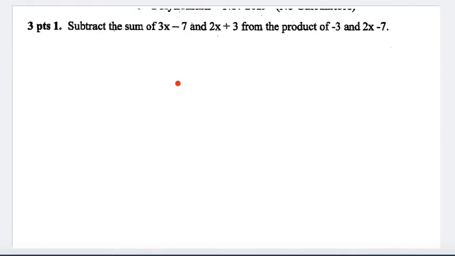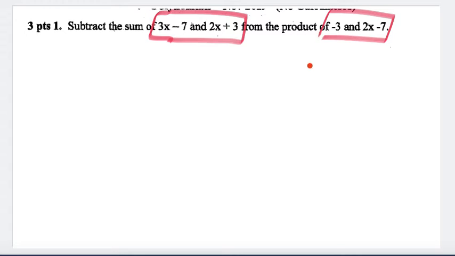Next one. Subtract the sum of those two from the product of those two. So adding these together, 3x and 2x is 5x. Minus 7 plus 3 is minus 4. So there's the sum of those two, and it says to subtract that from the product of this times this.